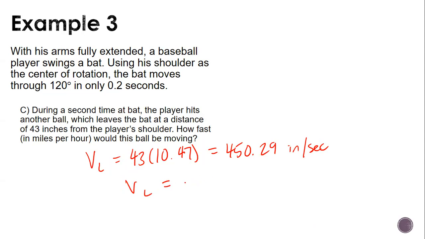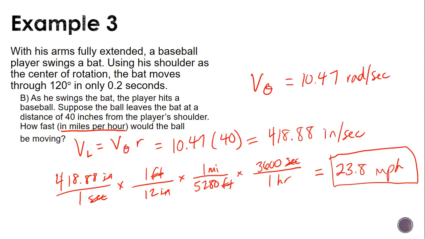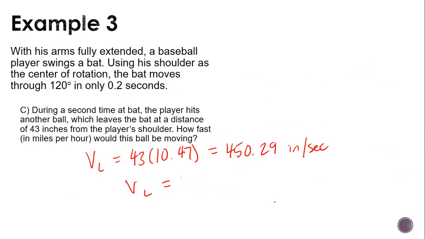How fast was the ball moving in miles per hour? I didn't get that far. We'll start somewhere. So when we're doing that, remember how this was 418? This is now replaced with the 450, right? And then everything else is going to be the same.